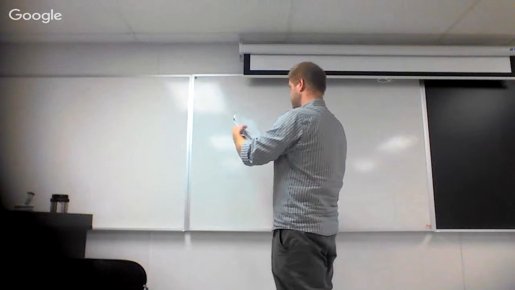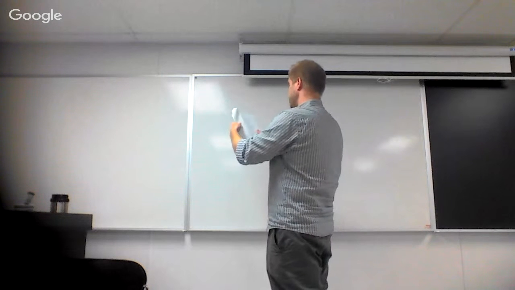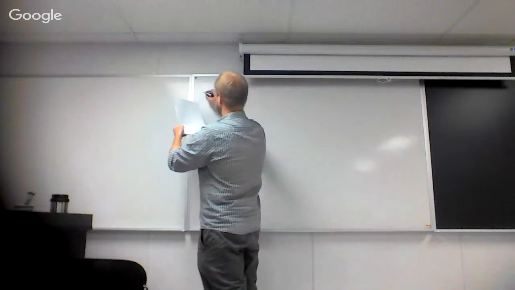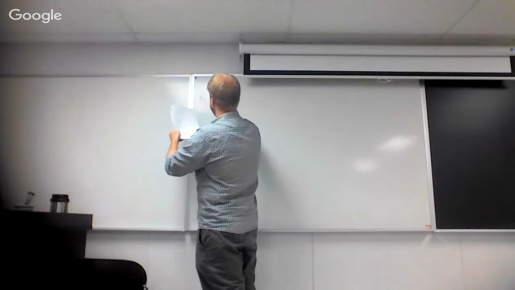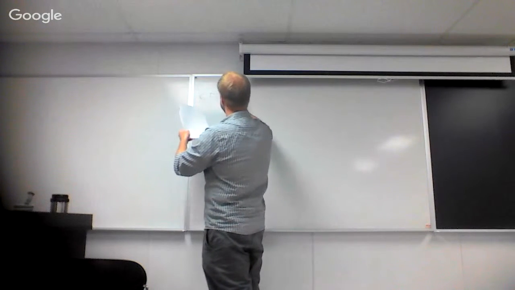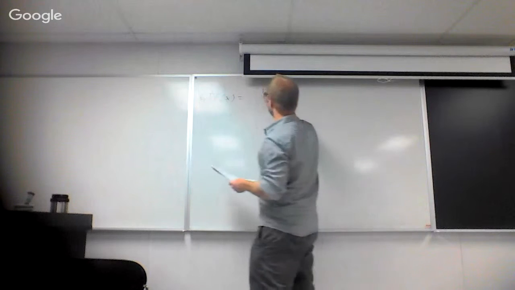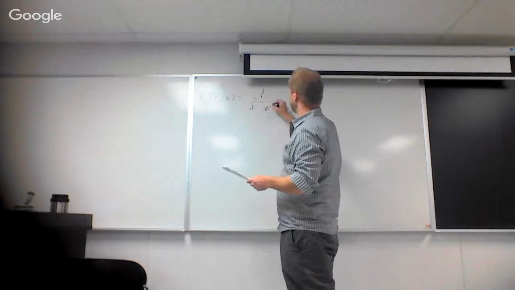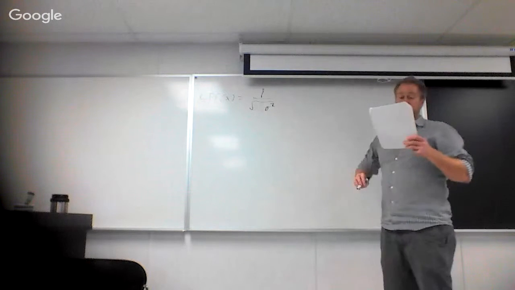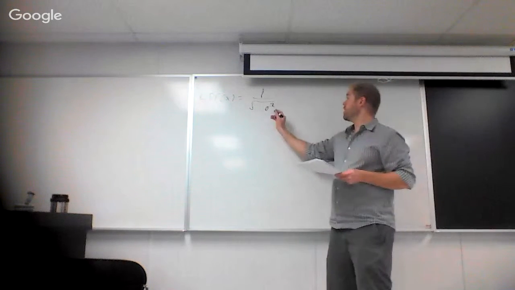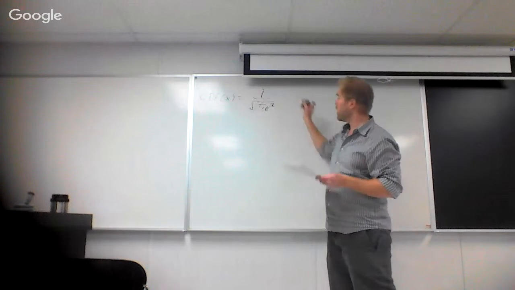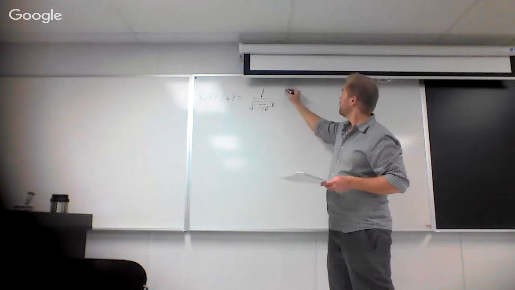Let's look at the Gaussian. If we try to do the cumulative distribution function of a Gaussian, we have to make sure that our functions are properly normalized. Sigma here is the standard deviation, so we have 1 over the square root of 2 pi sigma squared.